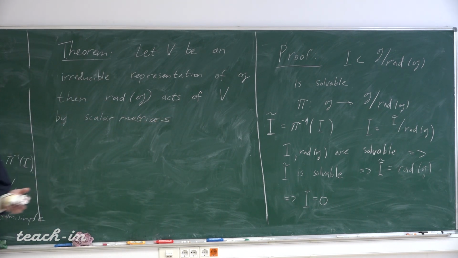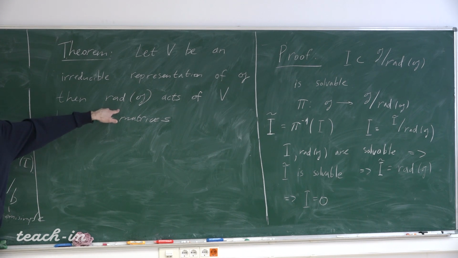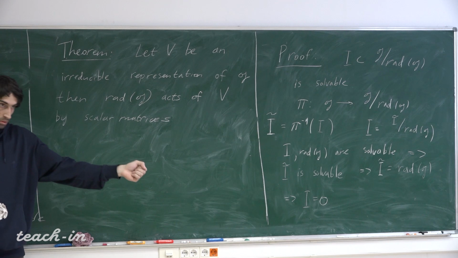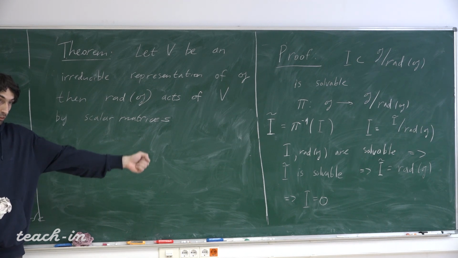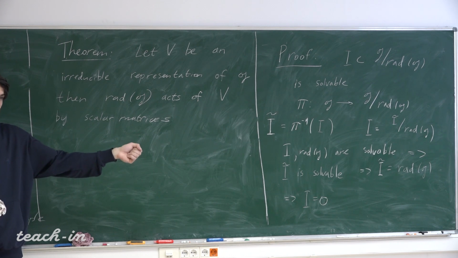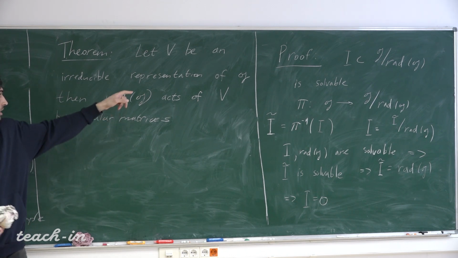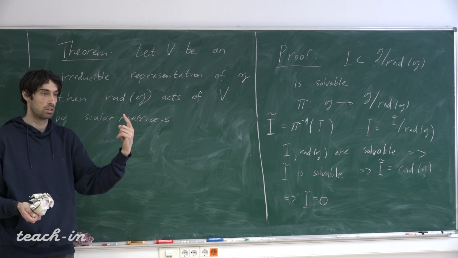So what it means is that if I take an element in here, since V is a representation, it can be sent to endomorphisms of this representation. And this endomorphism is just multiplication of every element of V by the same number.